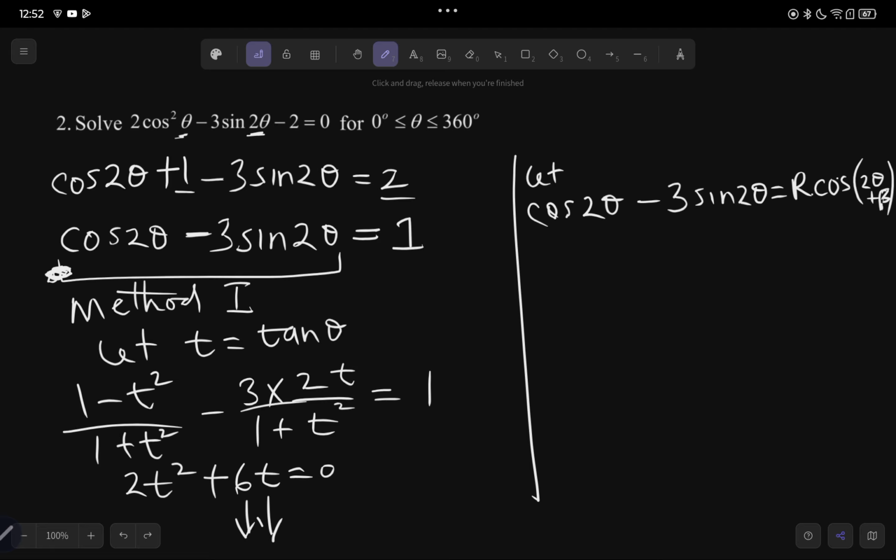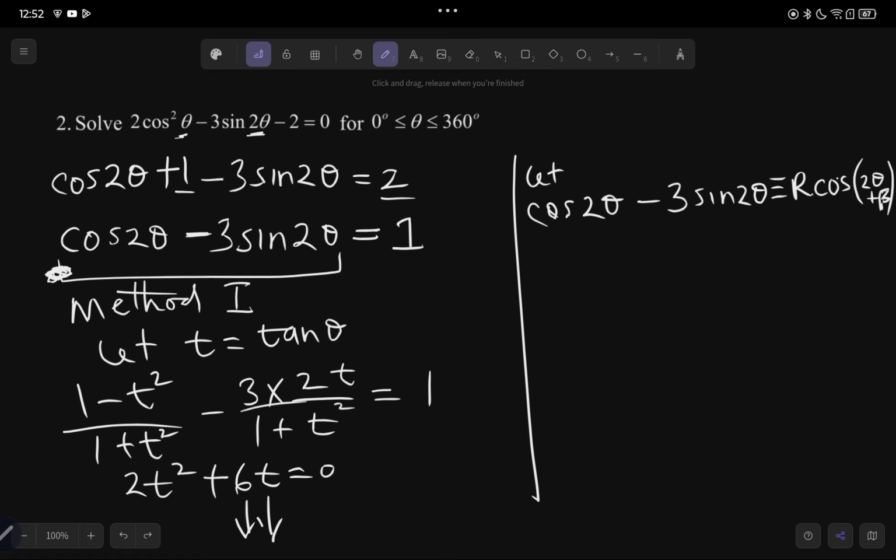Then from here, you know how we are proceeding. We would open the brackets, compare coefficients of cos 2 theta, coefficients of sin 2 theta, find the value of r, find the value of 2 theta, and proceed with that solution.